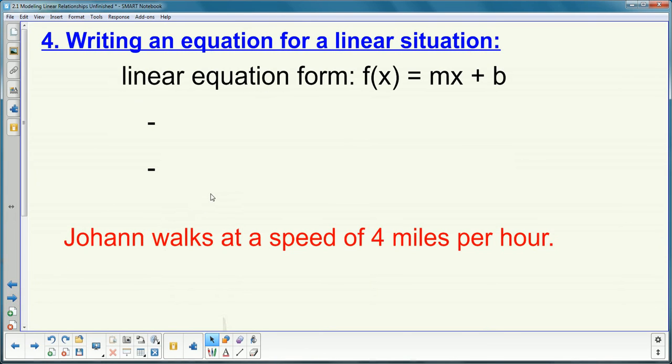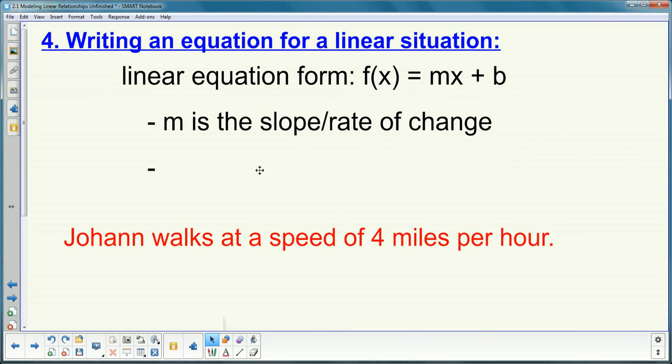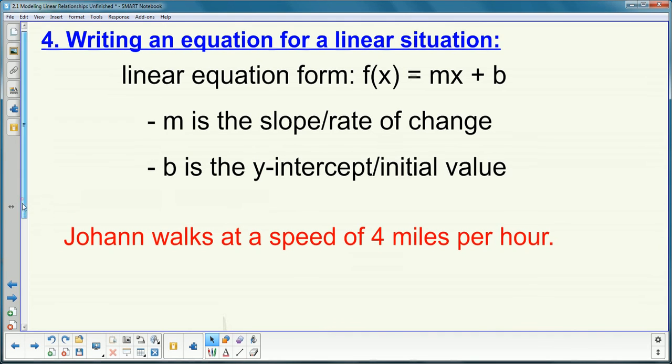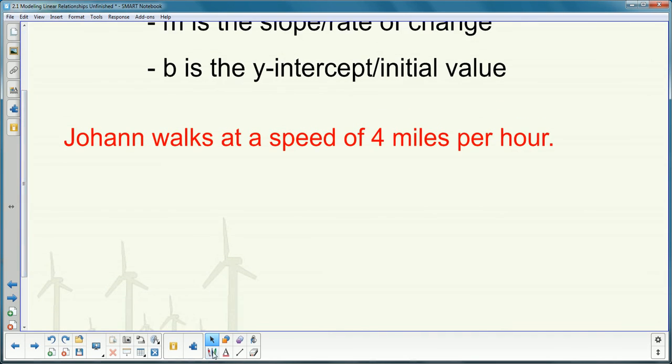Then our last piece is how to write a linear equation. So we're going to be looking for something of this form where m is the slope or the rate of change, and b is the y-intercept or also the initial value. So if we think back to that Johan problem that we were talking about, we had an expression for our dependent quantity, 4x.